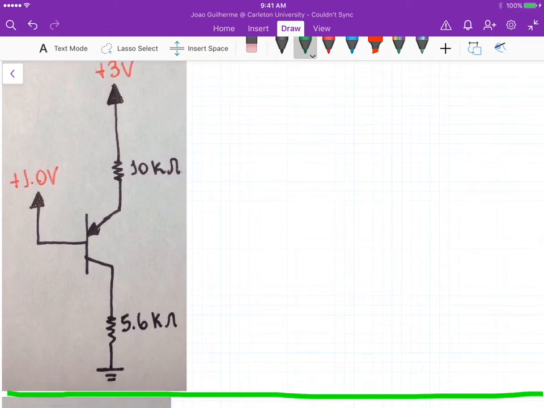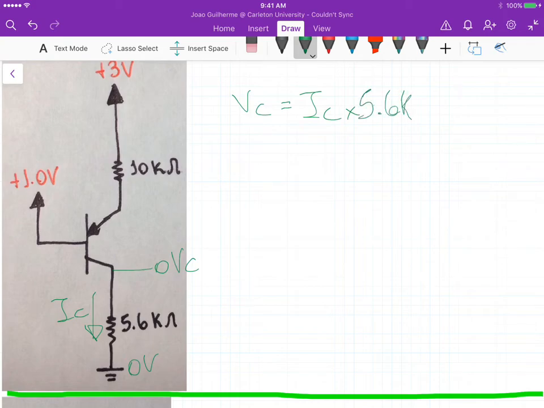Now, since we know IC here, we can calculate VC. And VC is equal to, because here is 0, is grounded, so VC is actually the voltage across the 5.6k ohm resistor, which gives us IC times 5.6k.